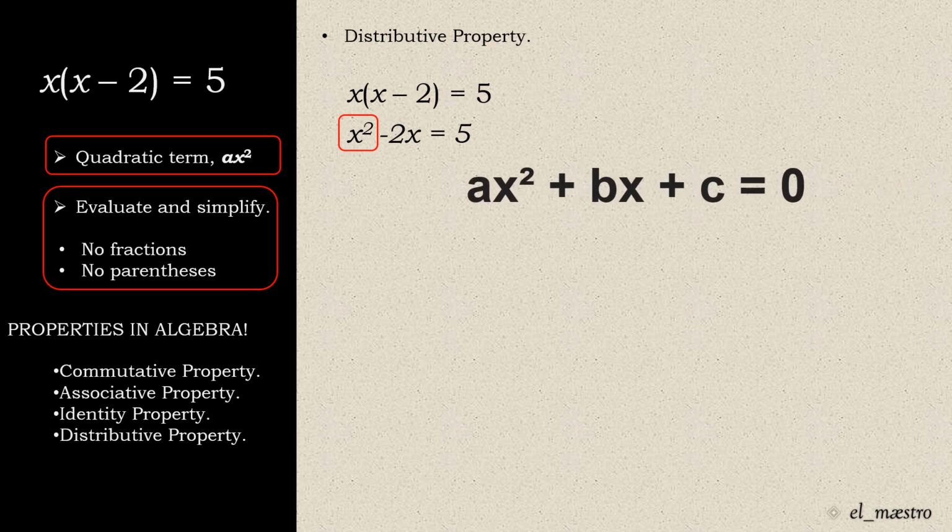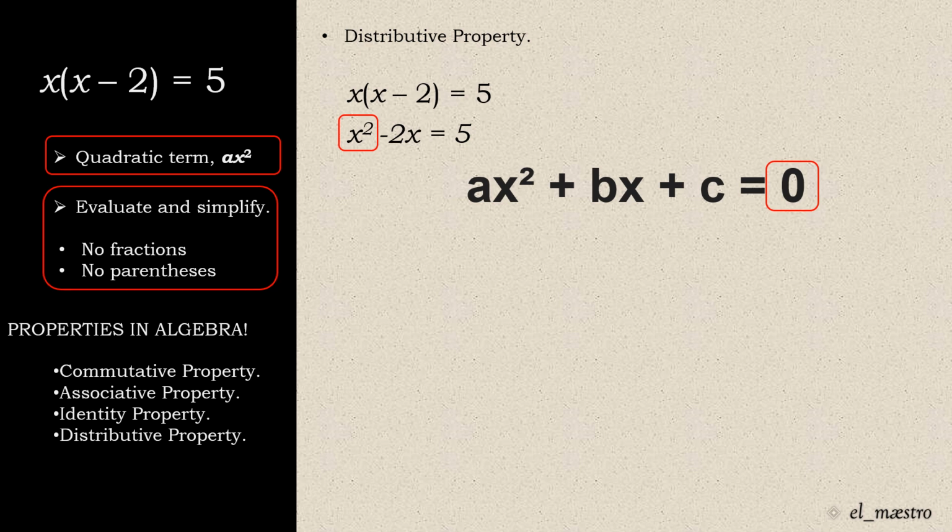But take note class, tanawa, is your equation written in a standard form? Oh, i-compare ninyo. Always remember that a quadratic equation in its standard form must always be equal to 0. Pero ang atong equation is equal to 5.